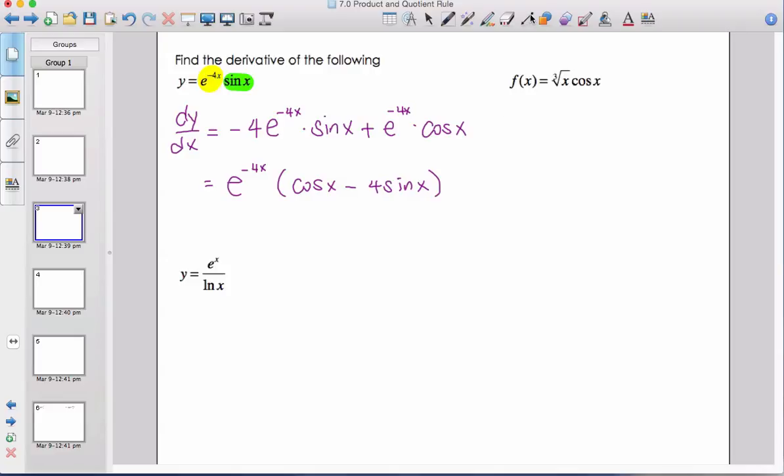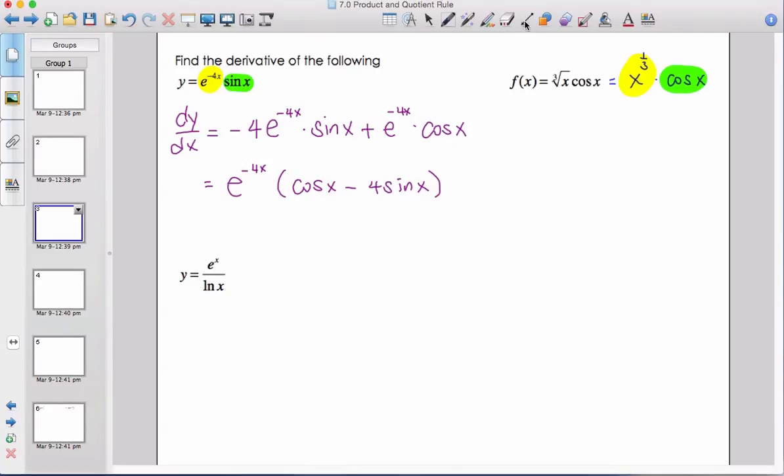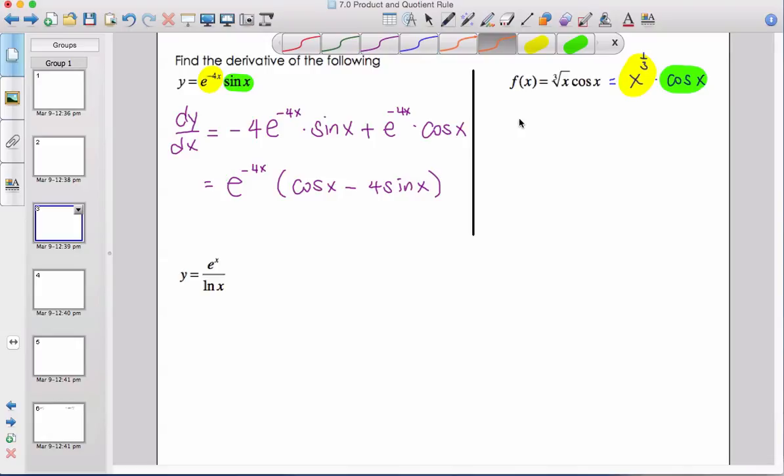Okay, here I am going to rewrite this function as x to the 1/3 times cosine of x. And you can still see that you're multiplying two functions together. So we are going to use the product rule. So what would f prime of x be?